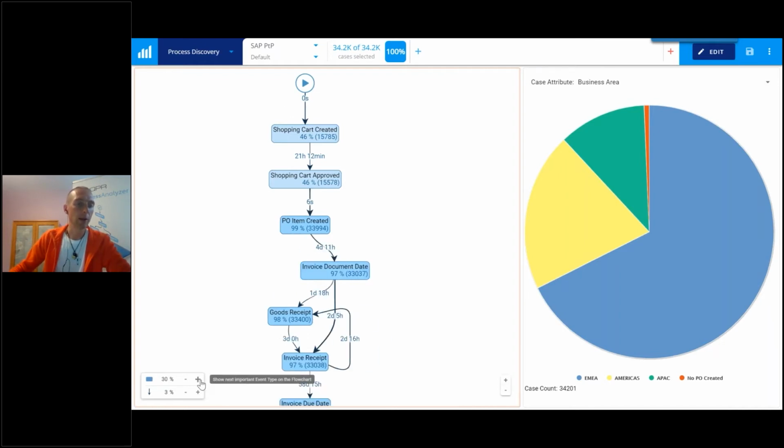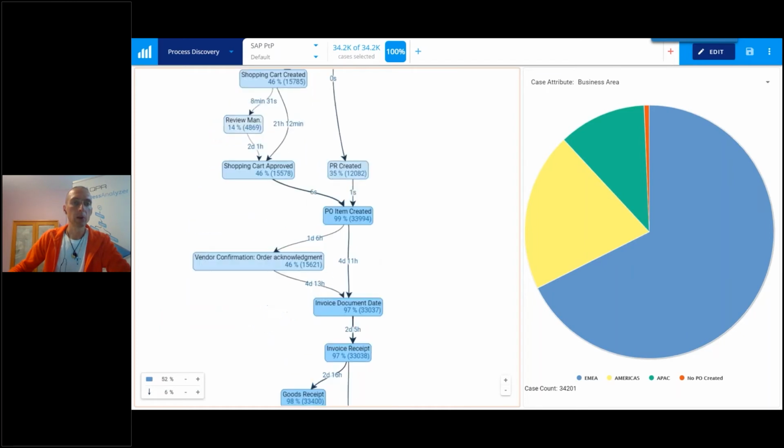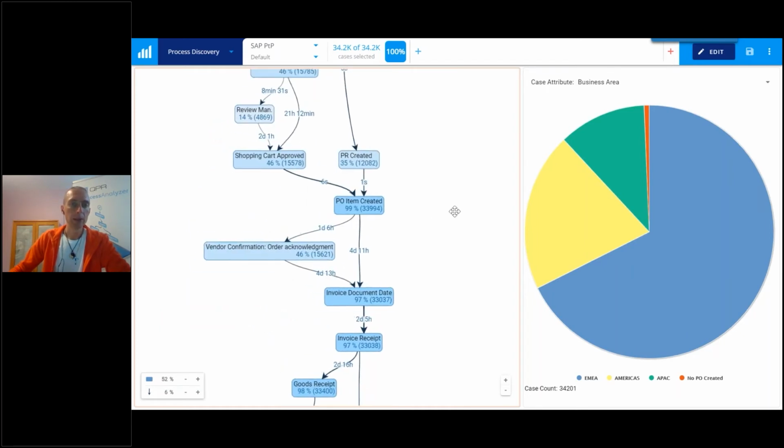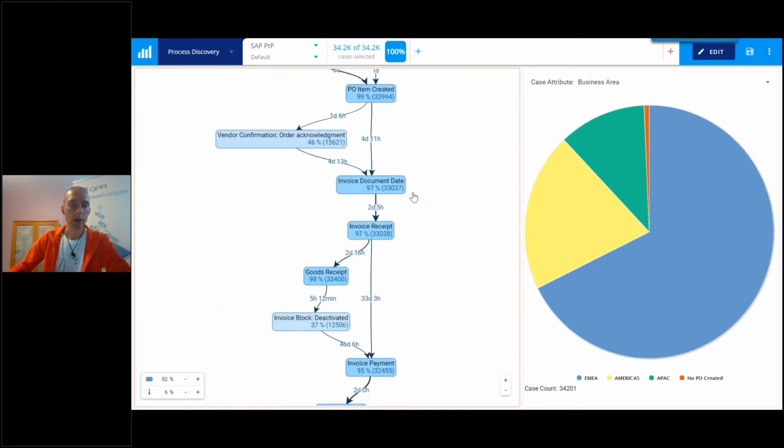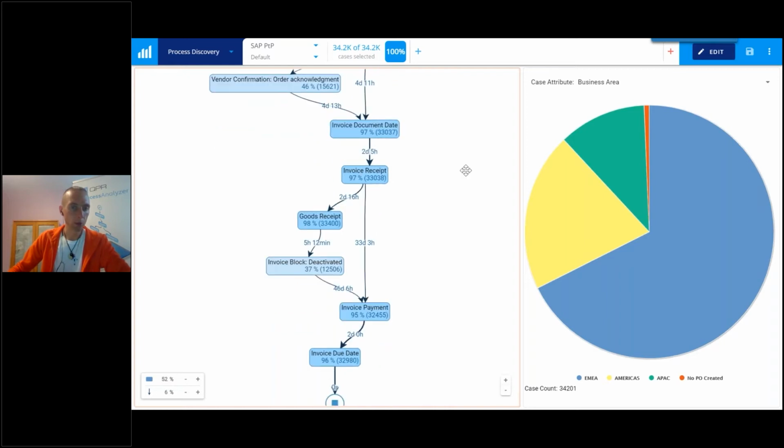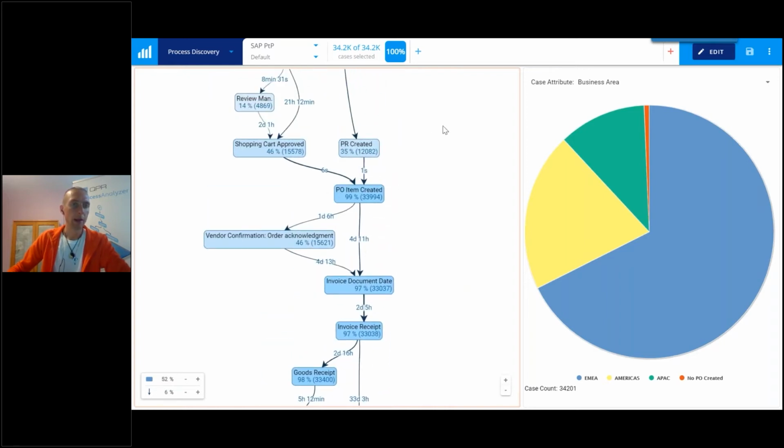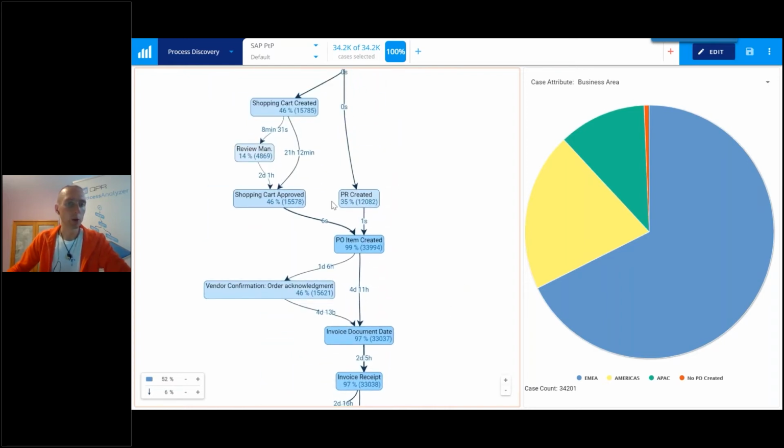And once you add a couple of levels and additional activities, you see that there are some additional invoice blocks, vendor confirmations, and shopping cart approvals, purchase requisitions being created.